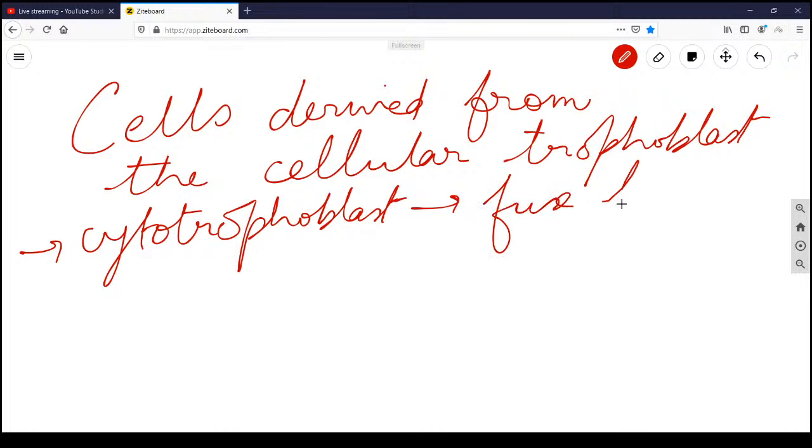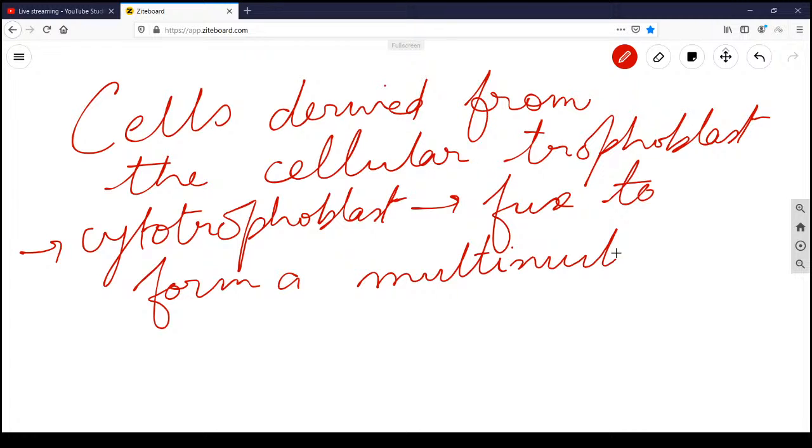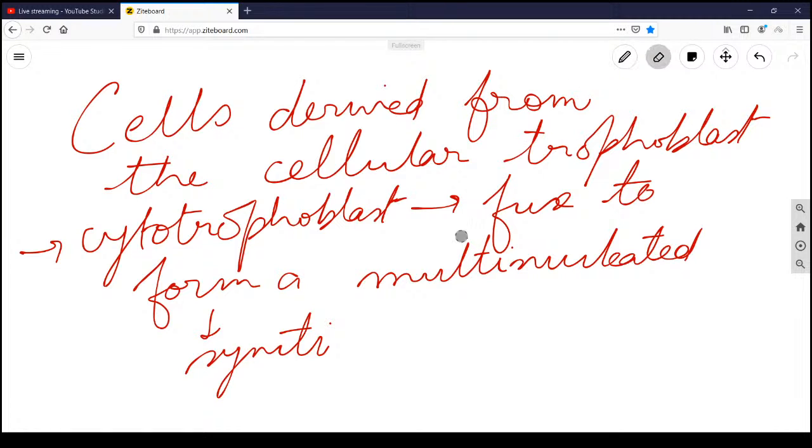They fuse to form a multinucleated cell known as syncytiotrophoblast.